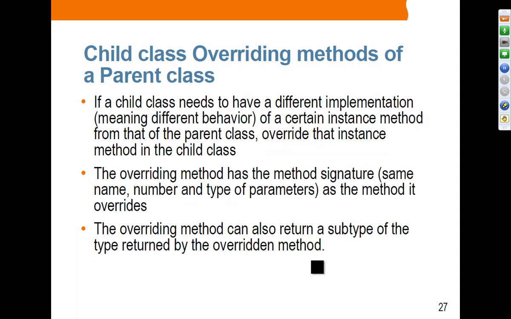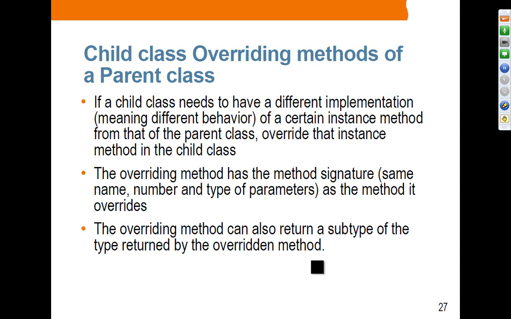They all should be the same. If any of those are different, then that method will be considered a different method. So when you want to override an existing parent method, the method signature has to match.